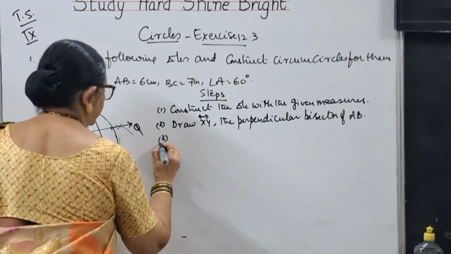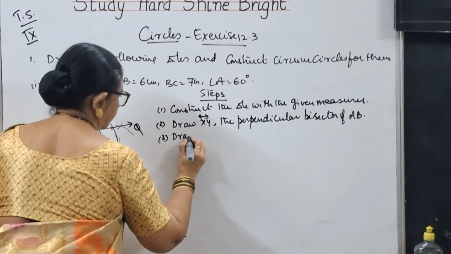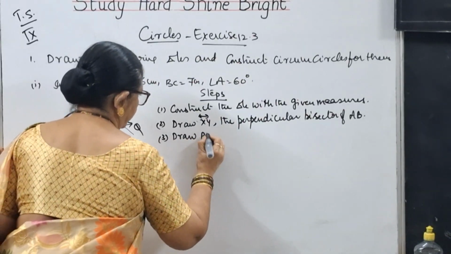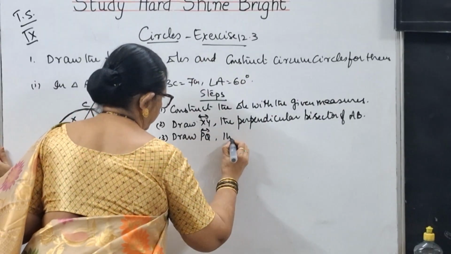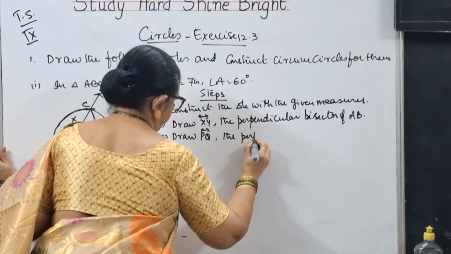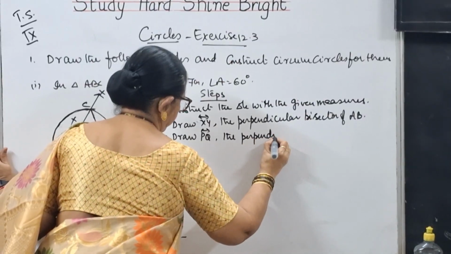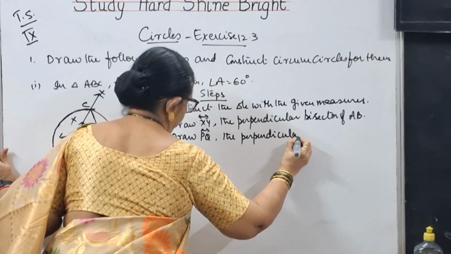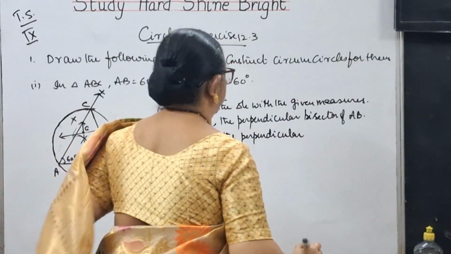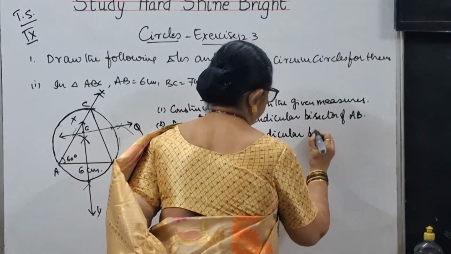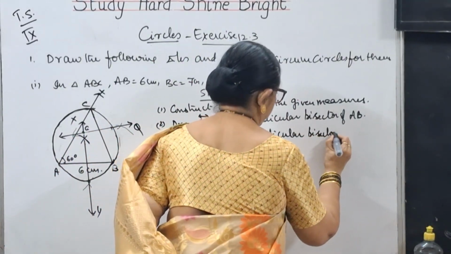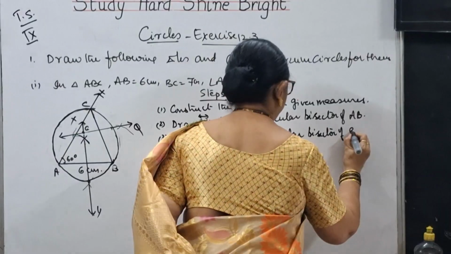Third one, draw PQ, the perpendicular bisector of BC.